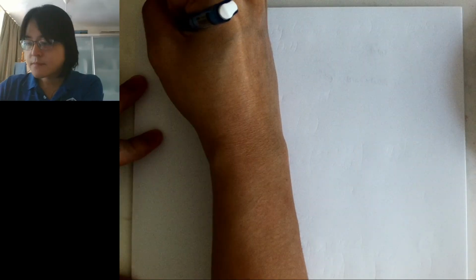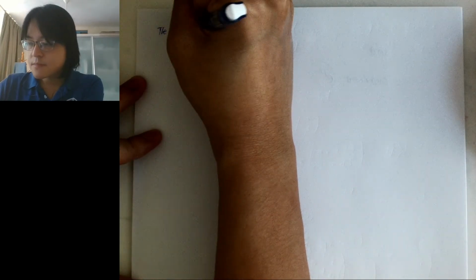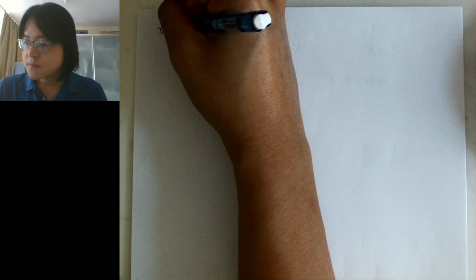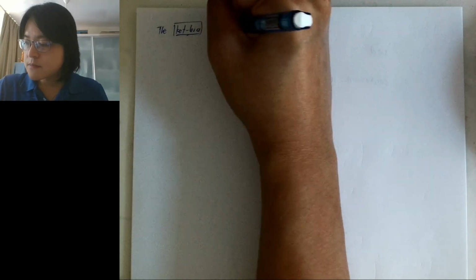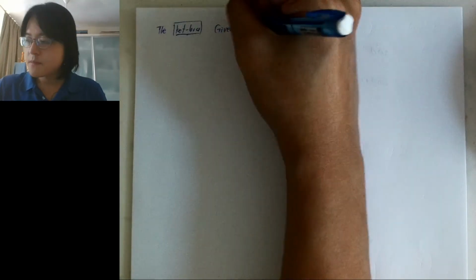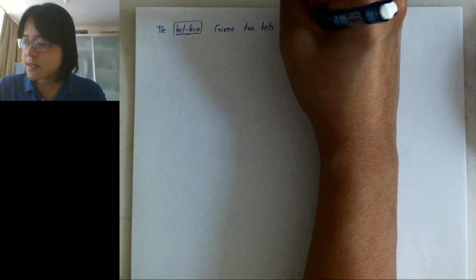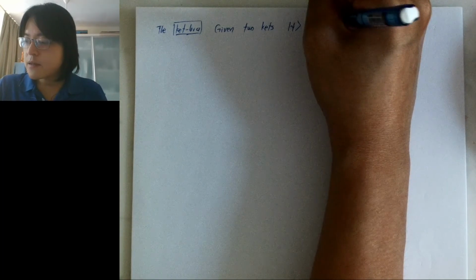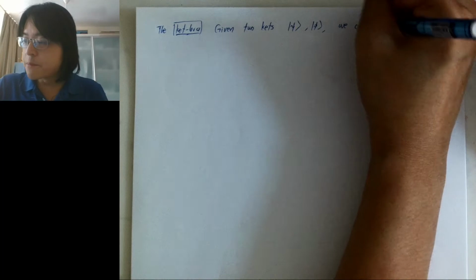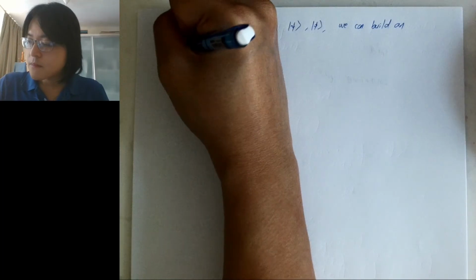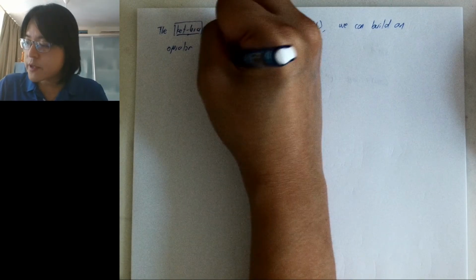Now let's talk about the ket-bra. If I am given two kets, let's say psi and phi, we can build an operator out of them.